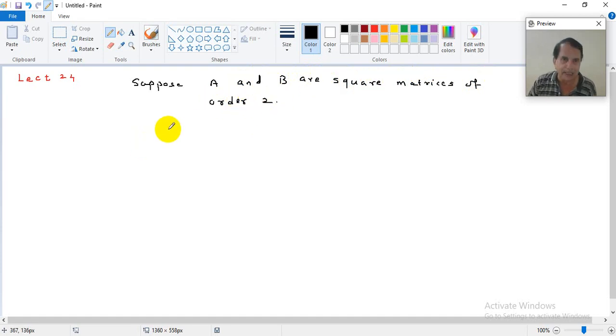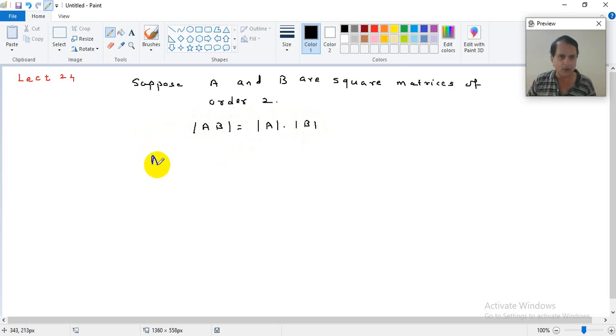Then we have to verify that determinant of AB is determinant of A into determinant of B. Very important property. Determinant of AB is determinant of A into determinant of B.